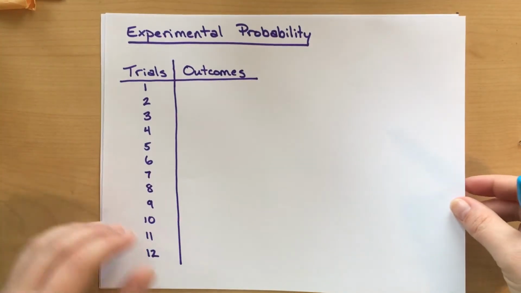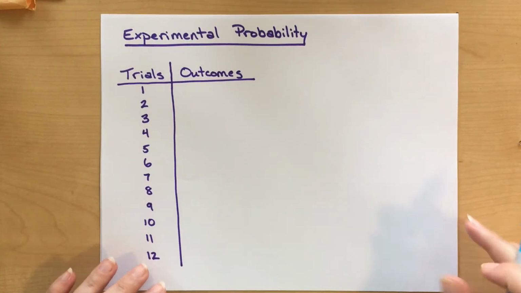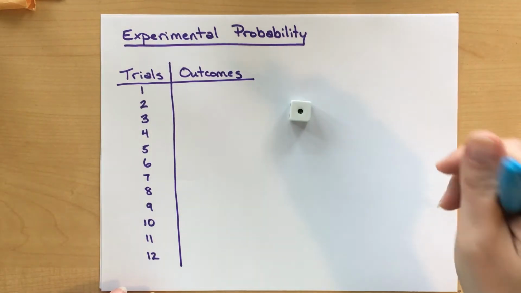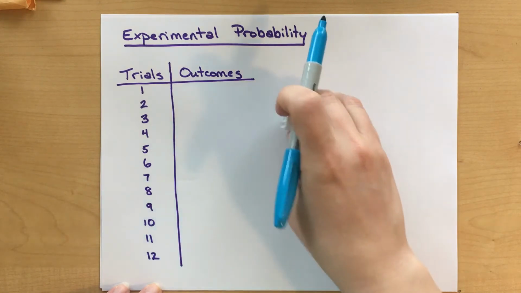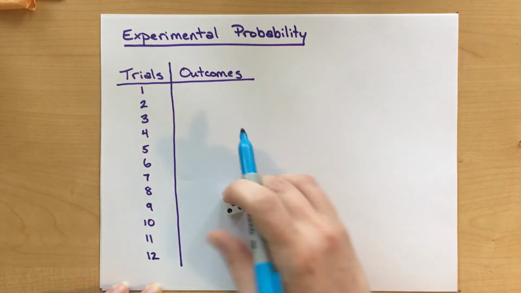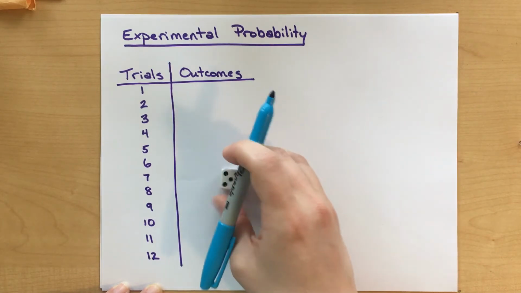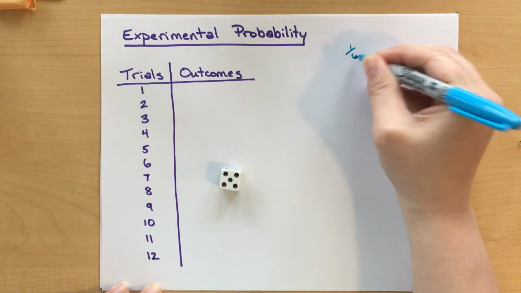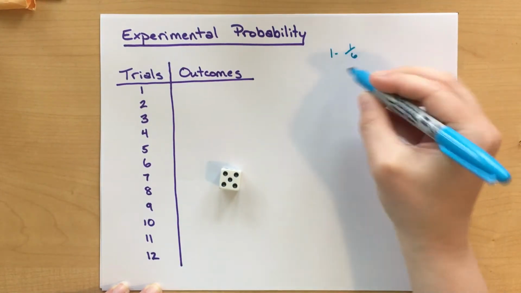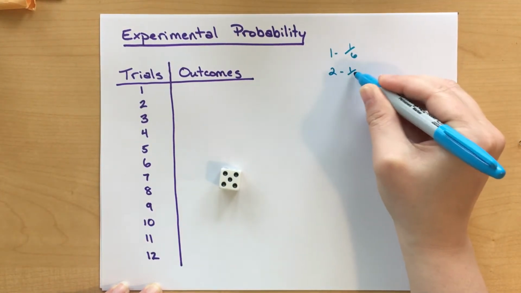So I'm going to use a pretty basic example, but it should be okay for getting you guys to understand the experimental probability. So I'm going to be rolling just a regular dice 12 times, and we're just going to see what we get for the outcomes. Now, theoretically, I know that each number on this 6-sided die has a 1 in 6 chance of being rolled, right? If I was looking at number 1, it has a 1 in 6 chance. If I had looked at number 2, it has a 1 in 6 chance.